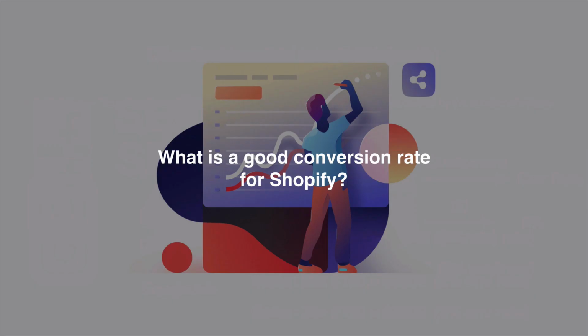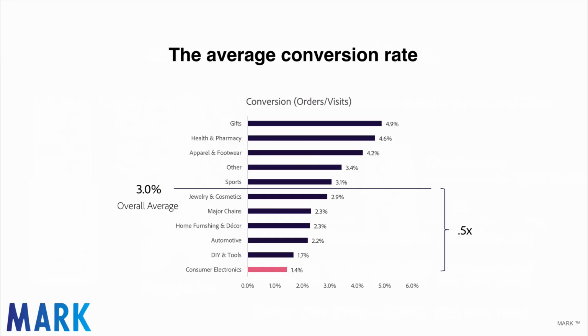And now let's see what is a good conversion rate for a Shopify store. All right, what's the benchmark? What's the industry benchmark? Now the average conversion rate for a Shopify store across all industries is 3%. All right, so you need to look at your industry, all right, because it's very different for each industry. And if you are doing dropshipping, that conversion rate may be a little bit higher.